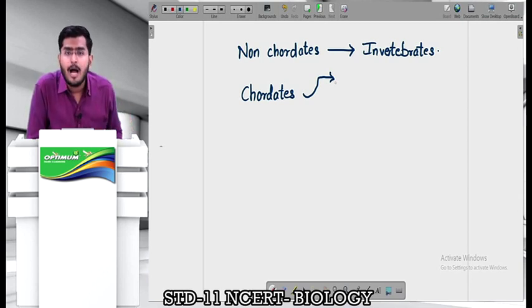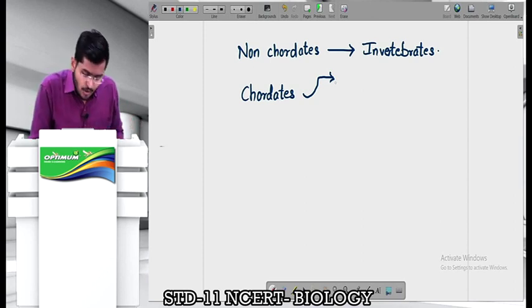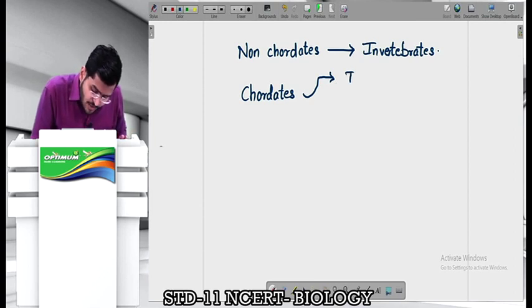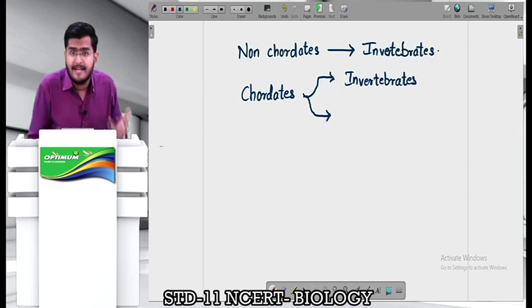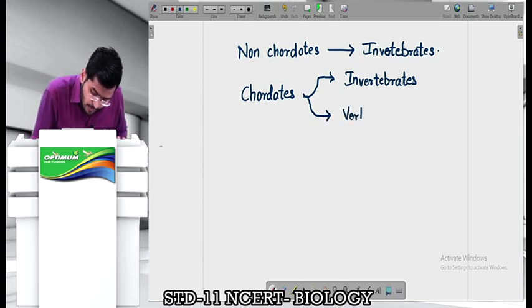But as they grow into an adult, they lose their notochord. Or they have a notochord throughout their life which never gets modified into a vertebral column. Such chordates are called chordates which are invertebrates. And there are yet other chordates in which the notochord gets developed into a vertebral column, so they are chordates which are vertebrates.